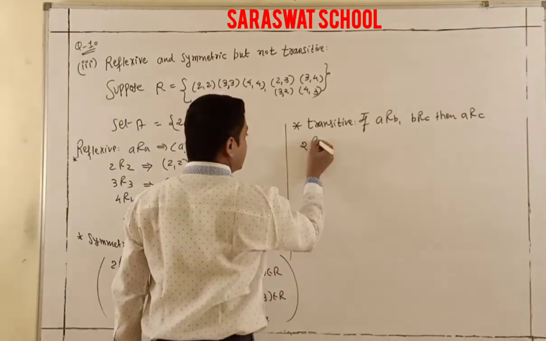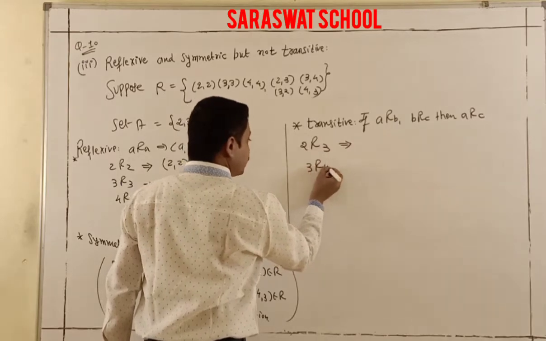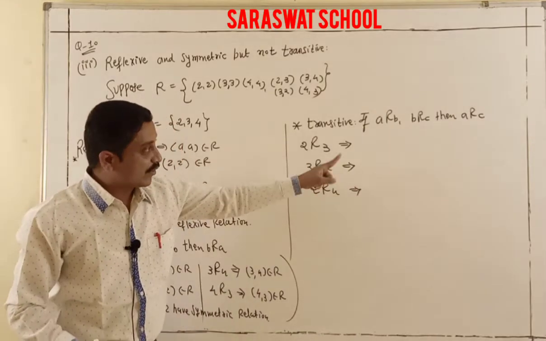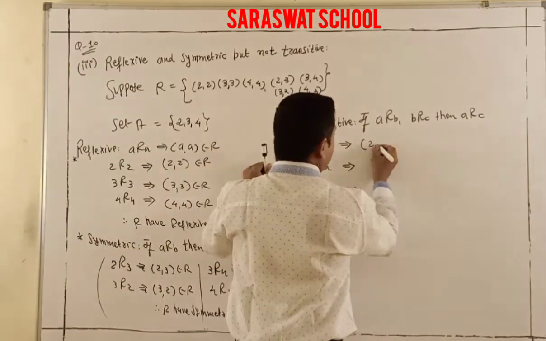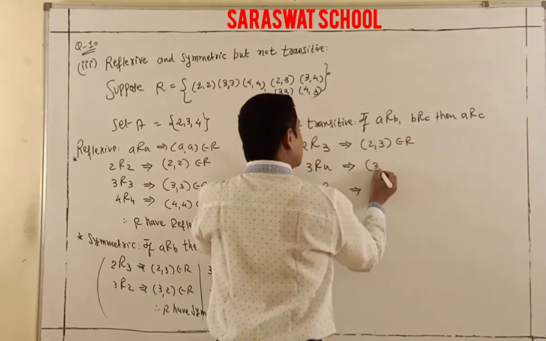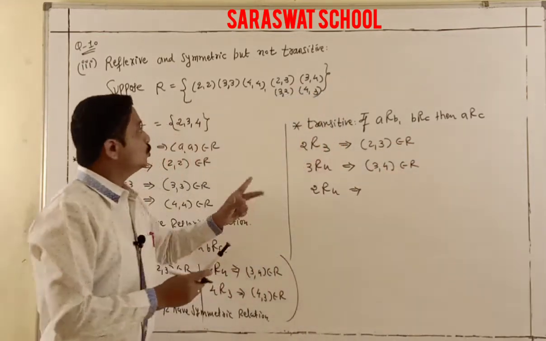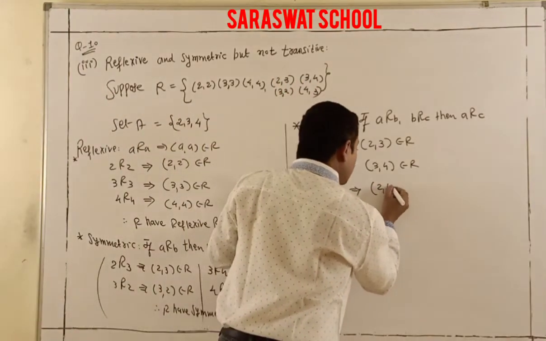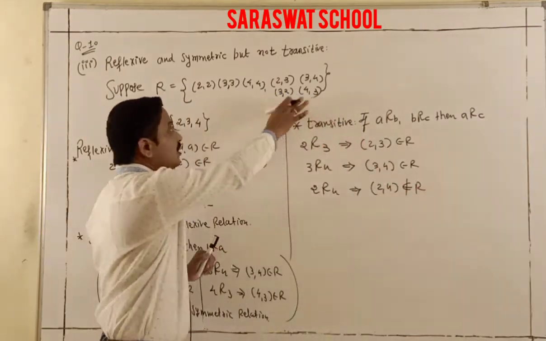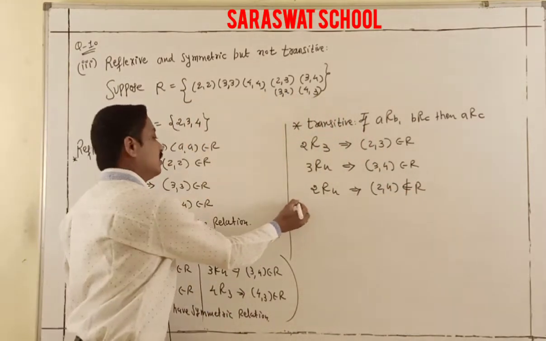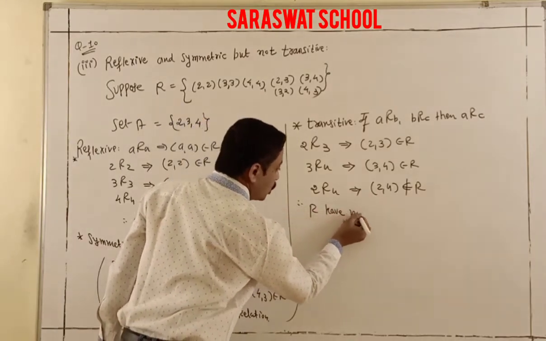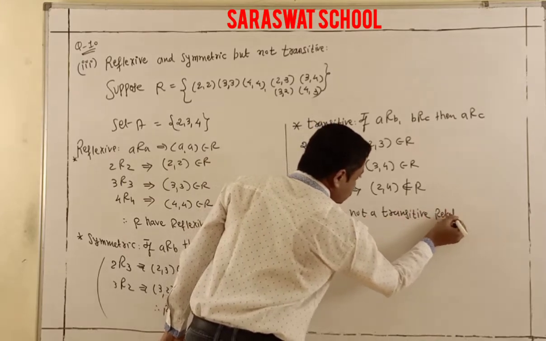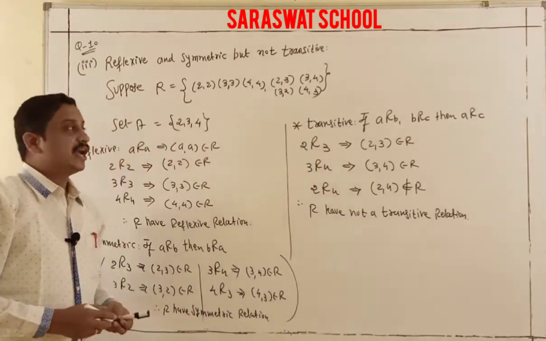So 2 relation 3, then 3 relation 4, and then I check 2 relation 4. 2, 3 belongs to R, 3, 4 belongs to R, but 2, 4 does not belong to R. We cannot write it in R. Therefore, R is not a transitive relation. That's easy and happy, students.